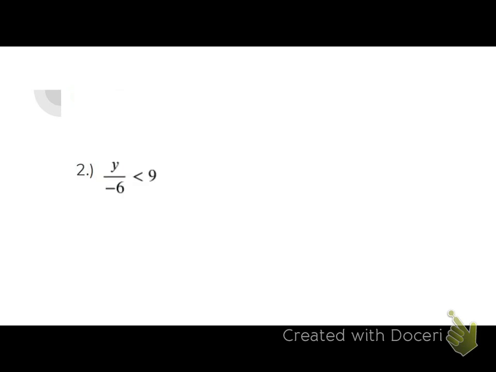Okay. Next one. Y over negative 6 is less than 9. Jasha is correct. To solve this, we would multiply both sides by a negative 6.